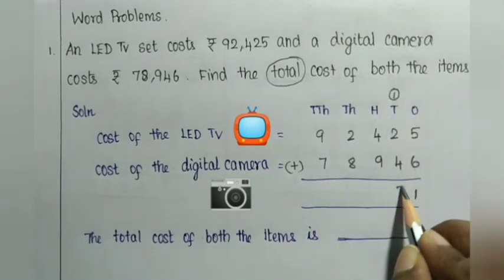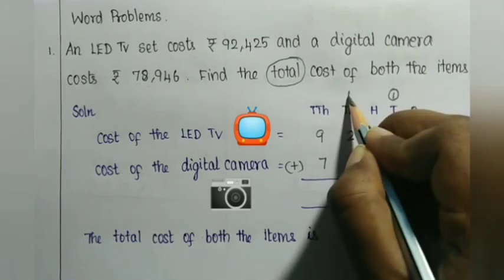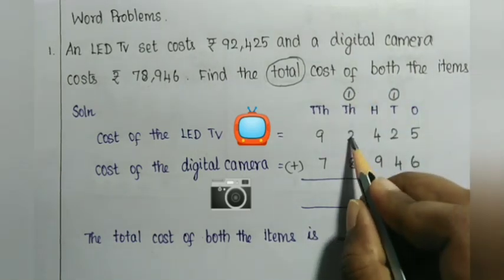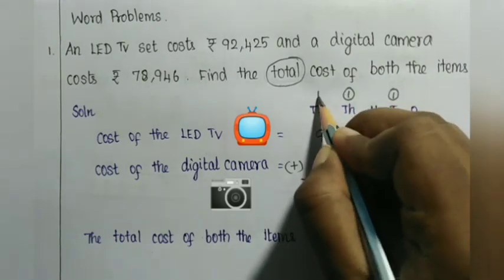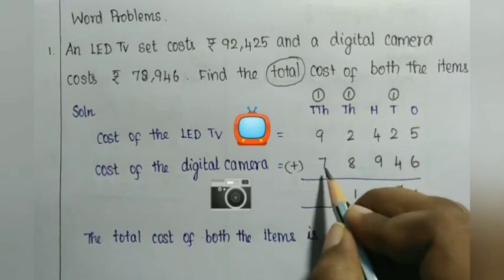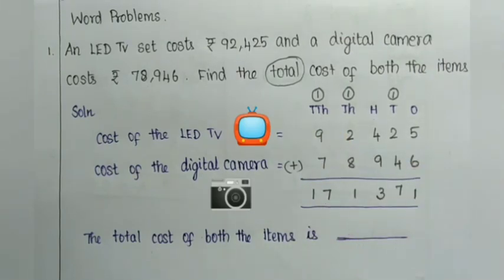Plus 1, 7. 4 plus 9, 13. 1 to the carryover of thousands. 8 plus 2, 10. Plus 1, 11. 1 to 10,000s position. 9 plus 7, 16. Plus 1, 17.